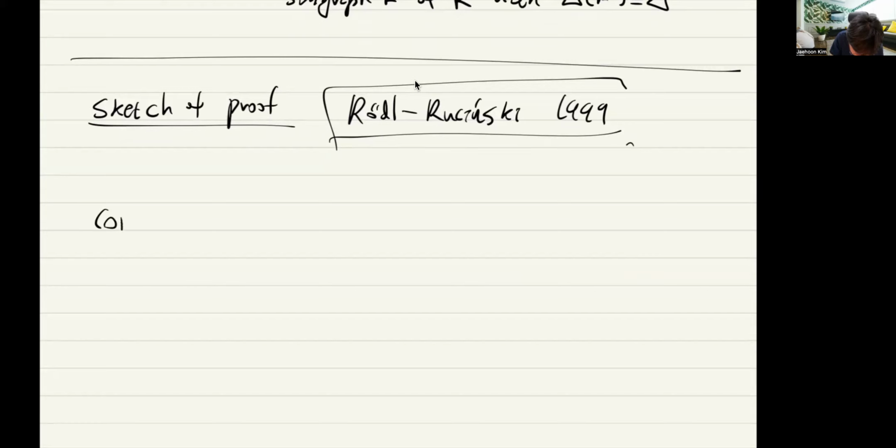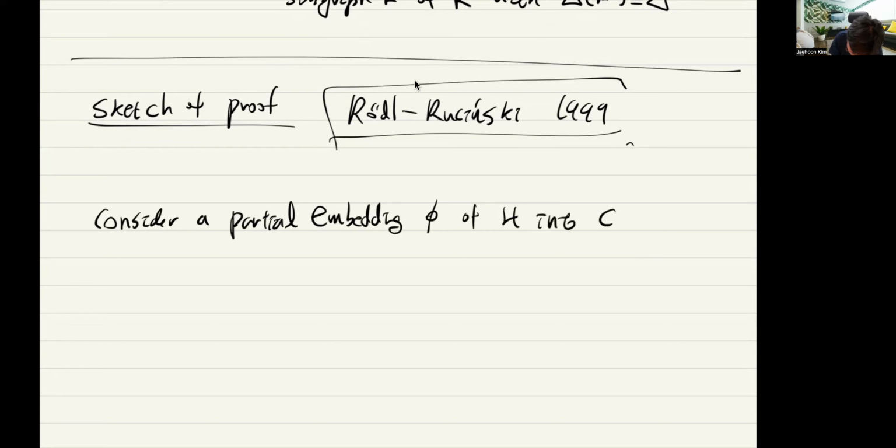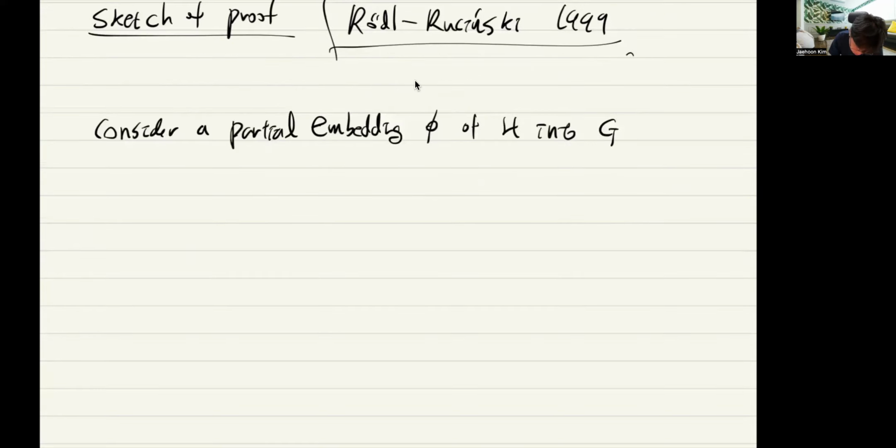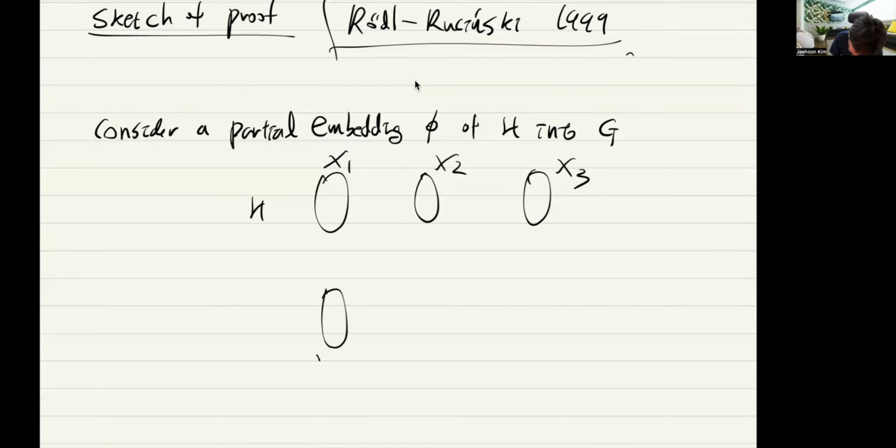So let's consider a partial embedding π of H into G. In H, you have x1, x2, x3, and then b1, b2, b3 in G.